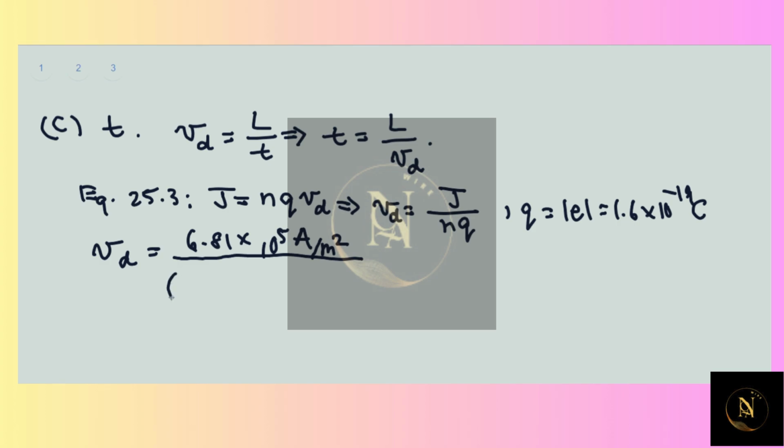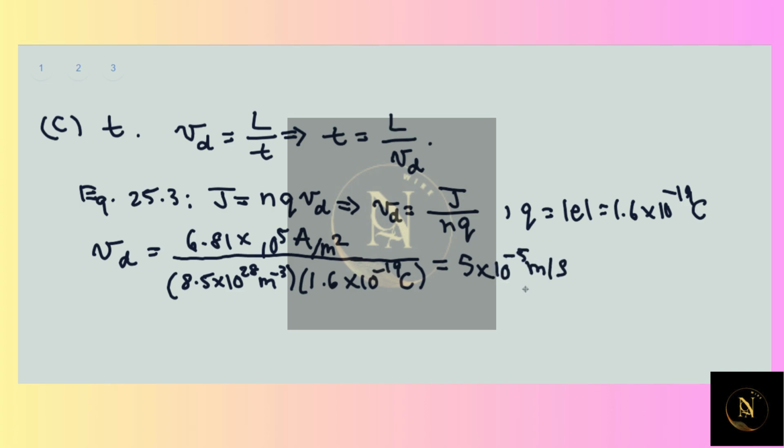We were given the concentration, 8.5 times 10 to the 28 inverse meter cubed, and the elementary charge, which is given here, 1.6 times 10 to the minus 19 coulombs. So we find for the drift velocity that it's 5 times 10 to the minus 5 meters per second.